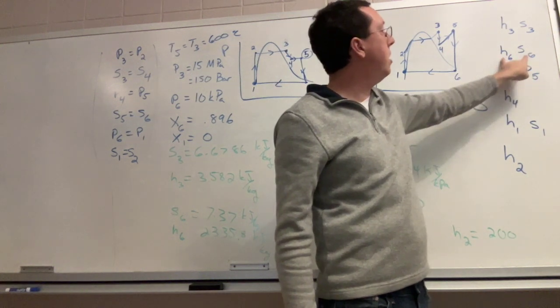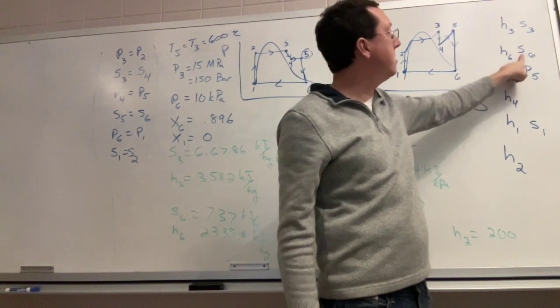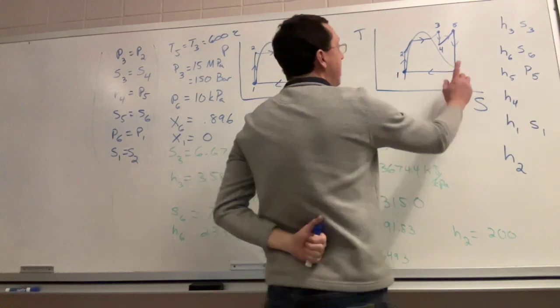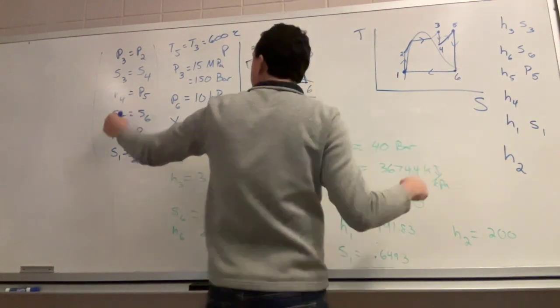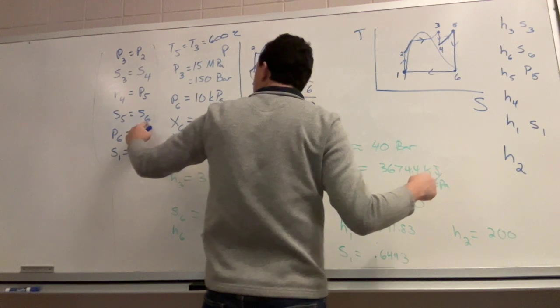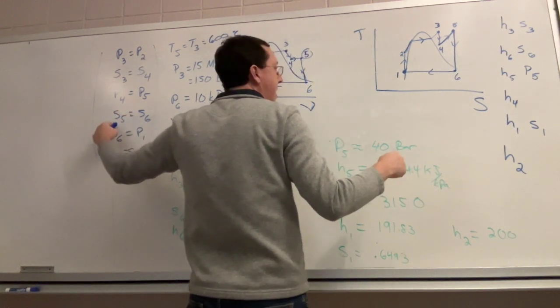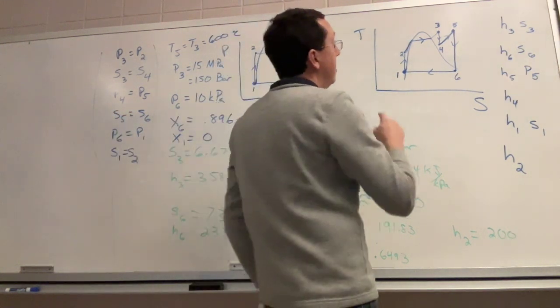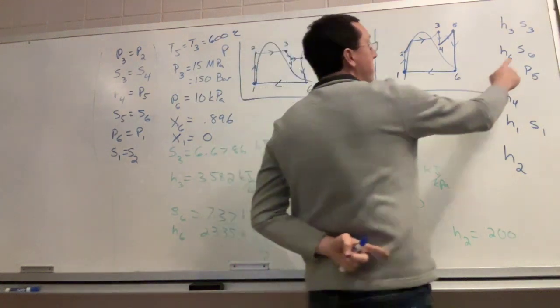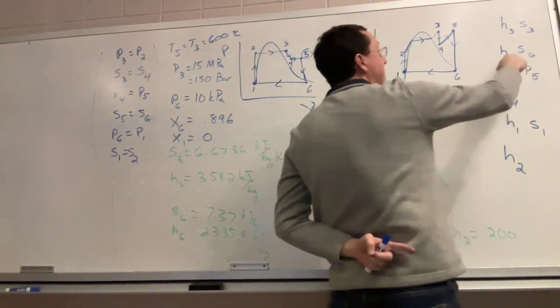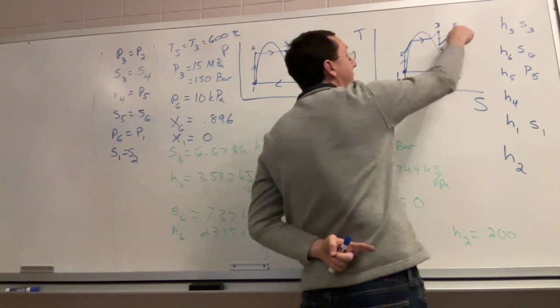So use the quality twice, once to find the enthalpy, once to find the entropy. And because one of our relationships is the entropy at 6 is the same as the entropy at 5, once we know the entropy at 6, that tells us the entropy at 5.